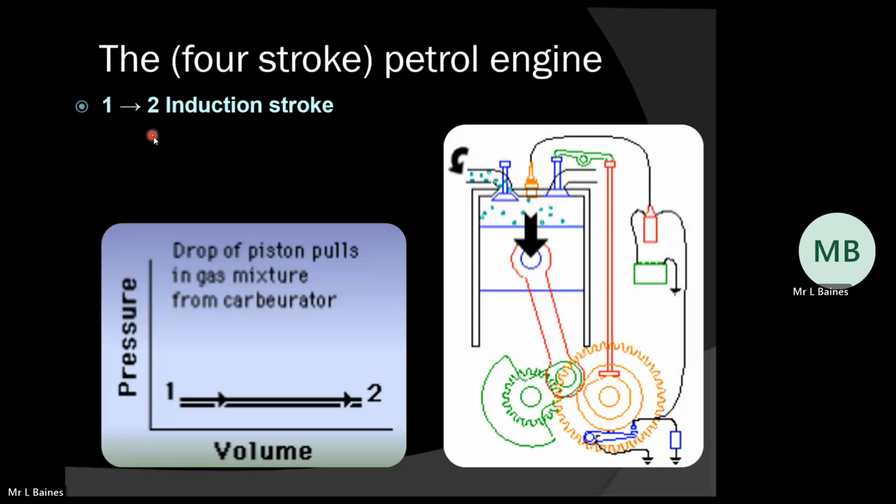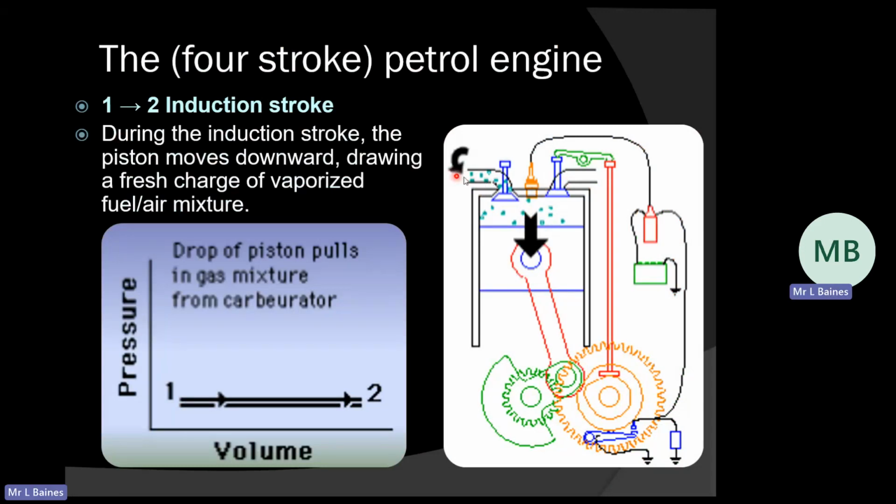Induction stroke. This is essentially the intake stroke. In order to make the air fuel mixture come into this cylinder, my piston moves downwards and it creates a pressure that is just below atmospheric pressure.